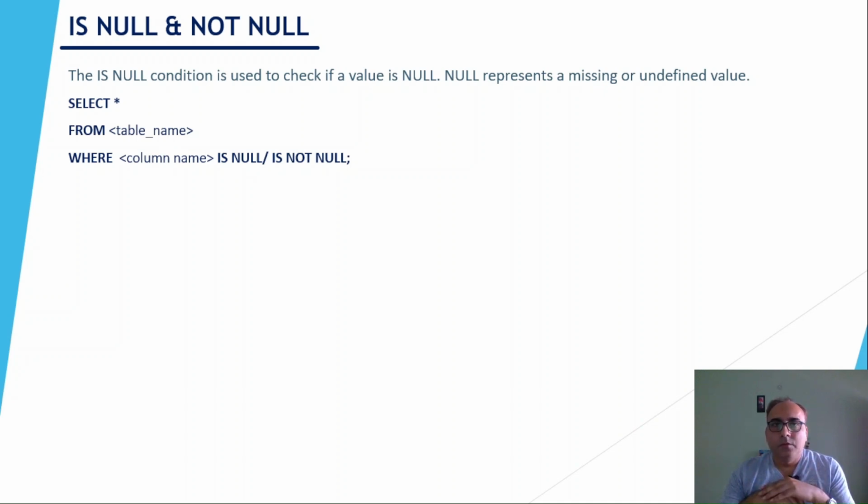IS NULL is used to check whether that particular column value is null or not. The syntax is select star from table name where column name IS NULL if we want to check the nullness of that column, or the opposite way is NOT NULL. Both conditions we can use in a similar way.